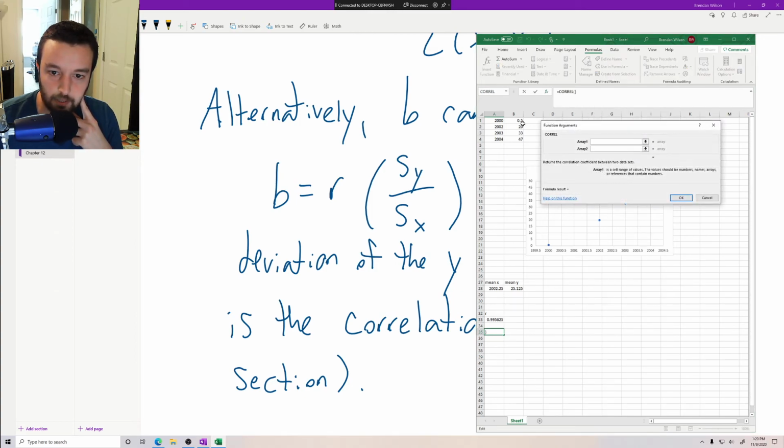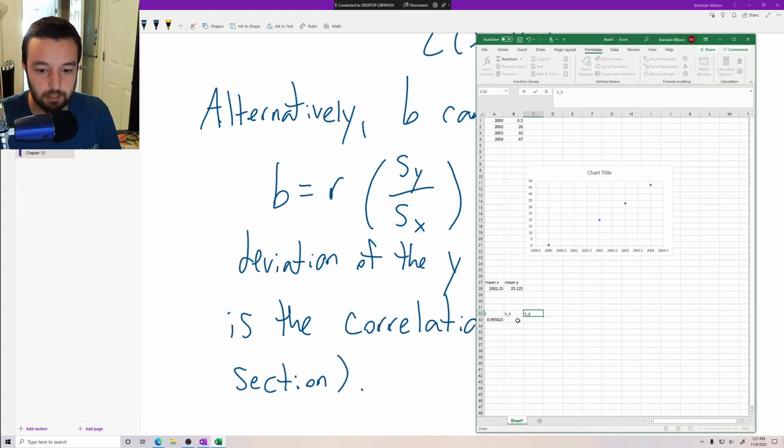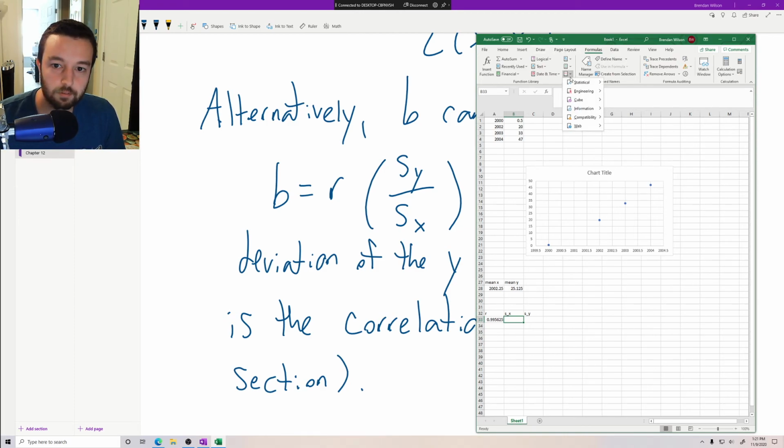Let's do it the opposite way. Let's make array 1 this and array 2 this. Yeah, and it's the same thing. Okay, so the order doesn't actually matter. So then we need S sub x and S sub y, the standard deviations, and then we'll have all the parts that we need here.